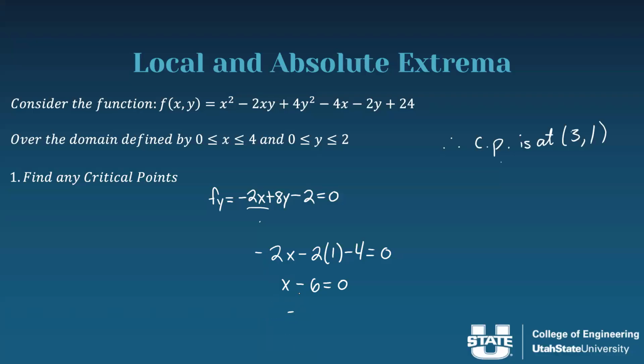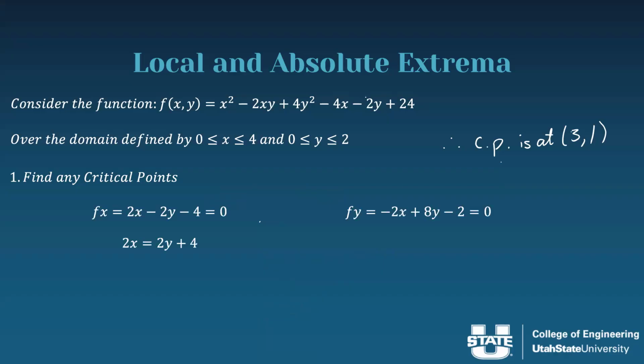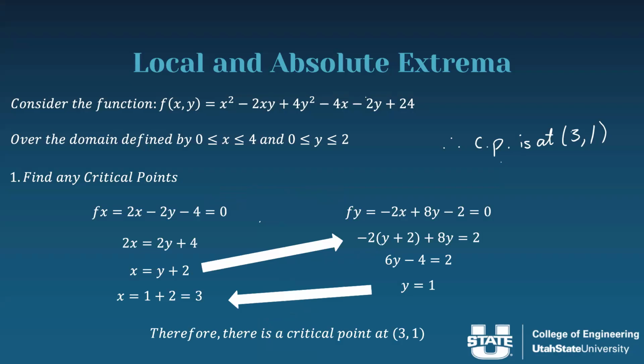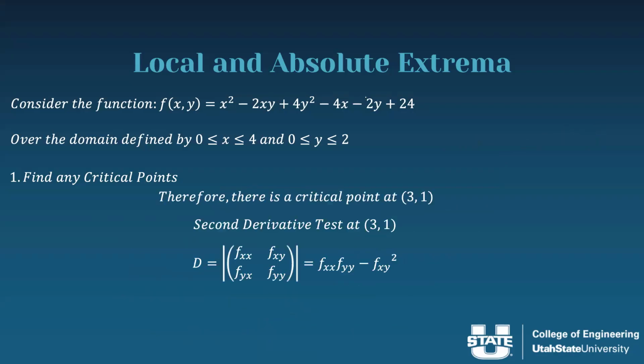But looking at it right now, I realized that's pretty easy with elimination. With substitution, I solved for x as a function of y, and then substituted it into f sub y, and I got y is 1 and x equals 3. So we got the same thing both ways.